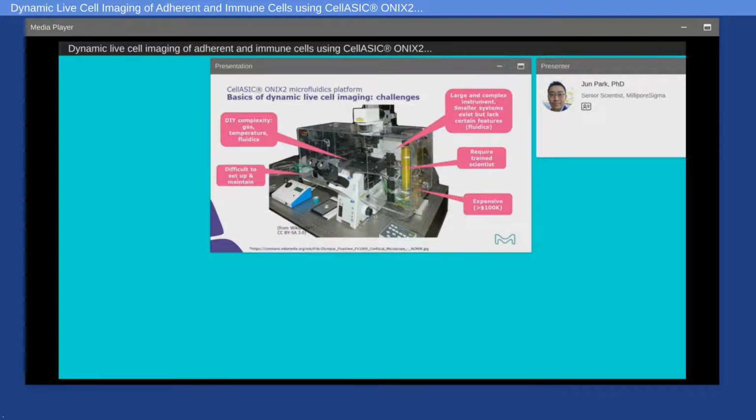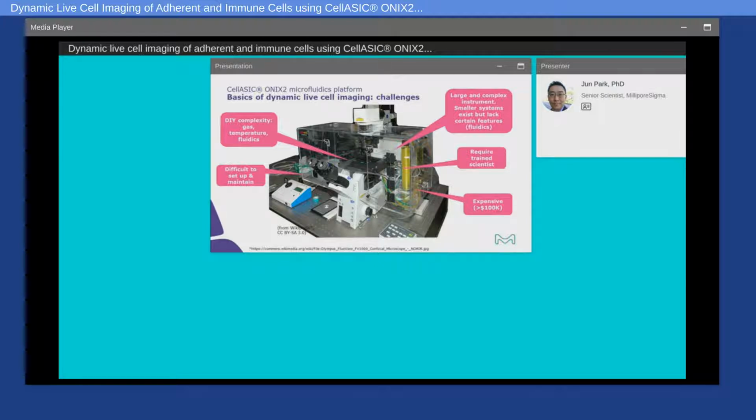Now, let's take a step back and think about some of the challenges in terms of building or buying a system which will enable dynamic live cell imaging. Dynamic live cell imaging, while it is a very powerful tool, has its challenges. This is an image from Wikipedia and nicely demonstrates the complexity of such a system.